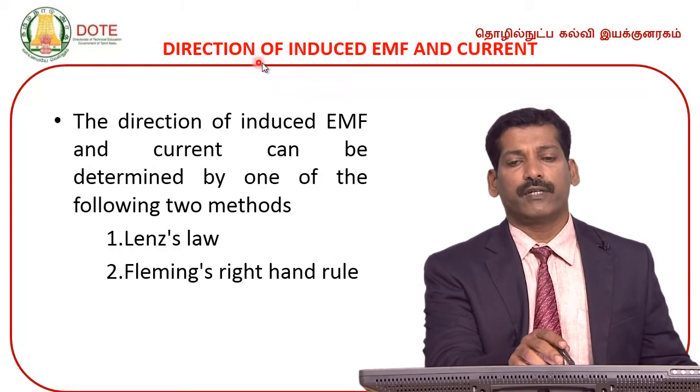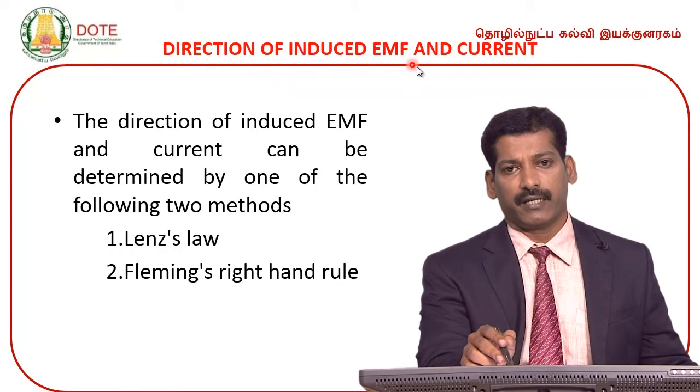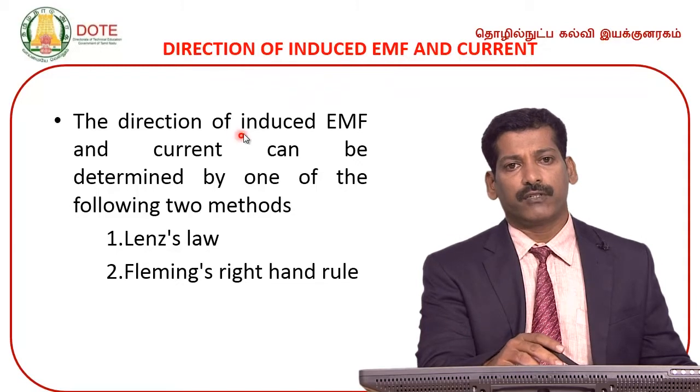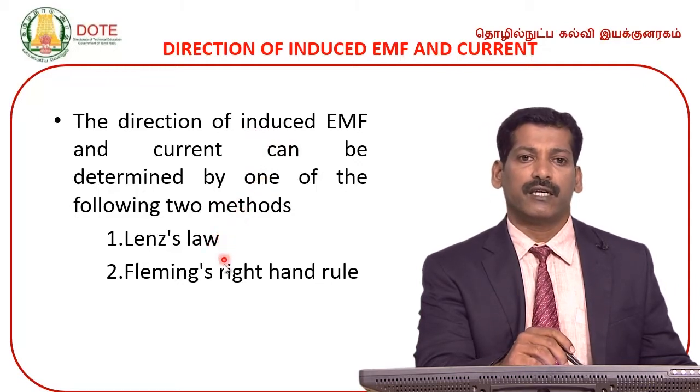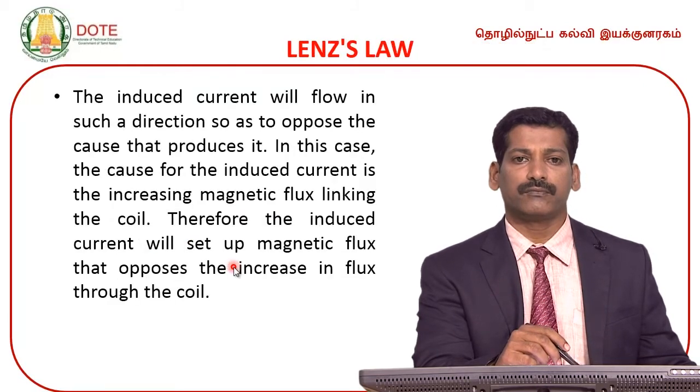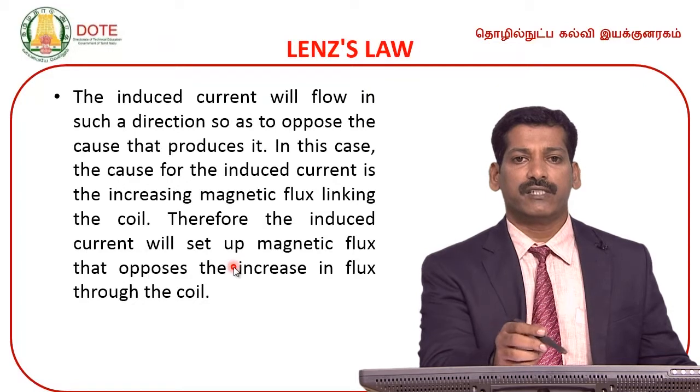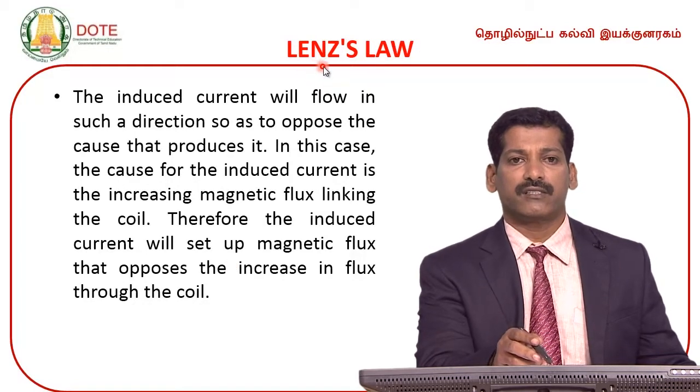Then direction of induced EMF and current. The direction of induced EMF and current can be determined by one of the following two methods. One is Lenz's law, the other one is Fleming's right hand rule. Firstly, we will see what Lenz's law states.